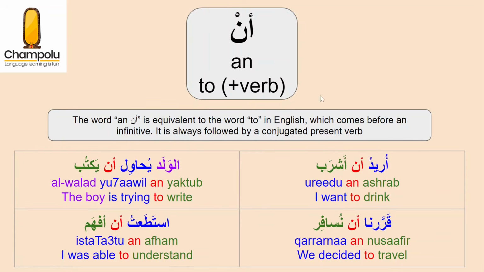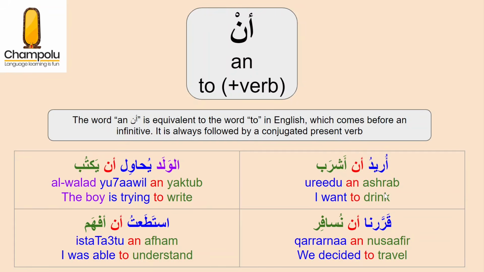And then you have the word أن, which is basically like "to" in English that comes before an infinitive verb. So like I want to eat, we need to go, and things like that. So we have something here like أريد أن أشرب.